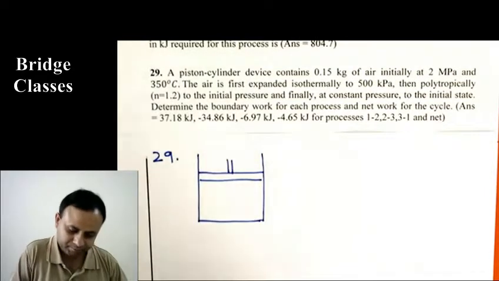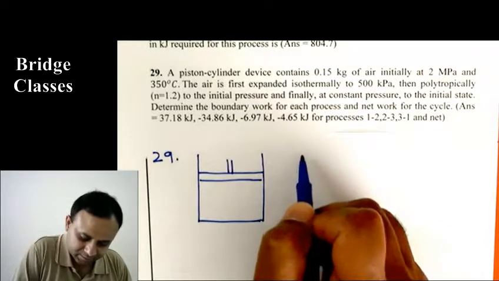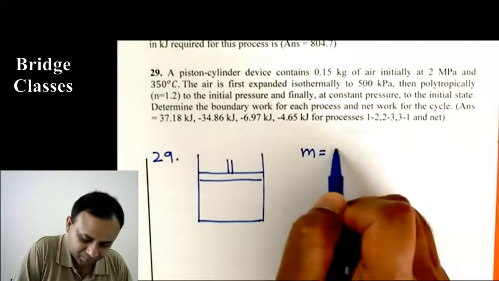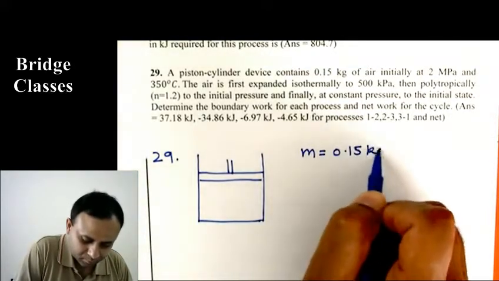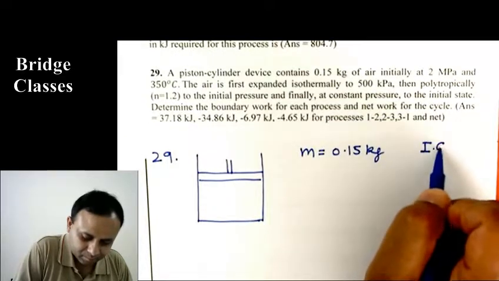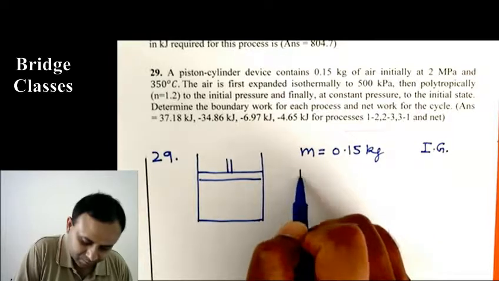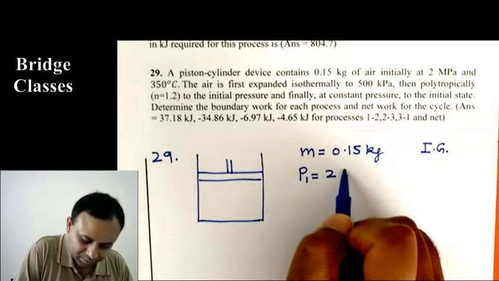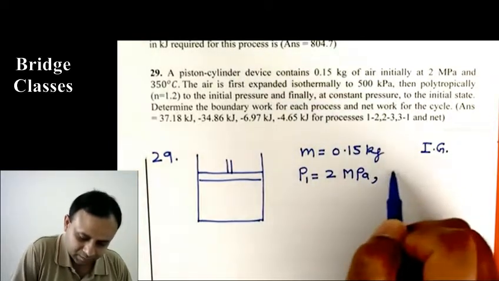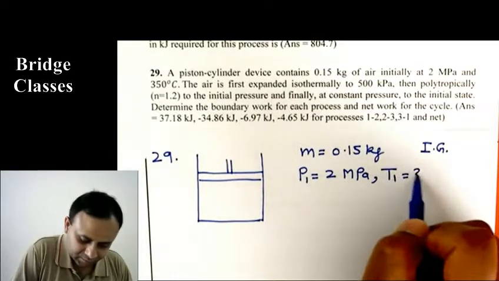Piston can move. So its initial state: mass of air is 0.15 kilogram, and it's an ideal gas, initially at 2 megapascal. So P1 is 2 megapascal and T1 is 350 degrees C.